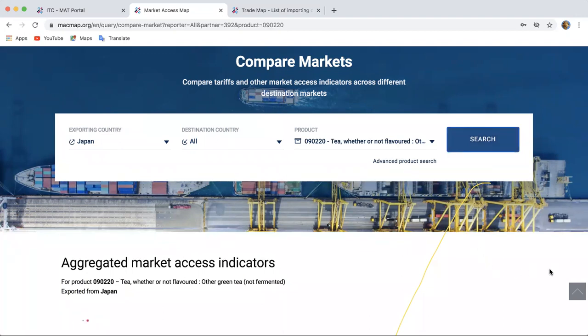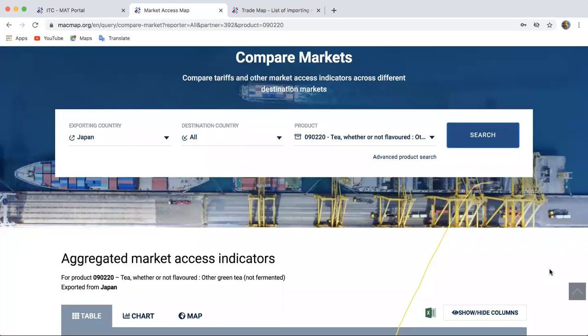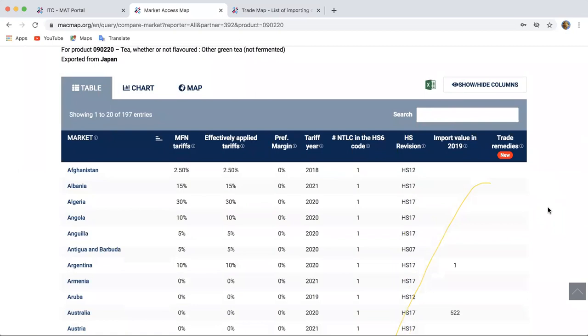And you'll see that it doesn't propose any national tariff lines, no more detailed codes, because we're comparing internationally. So we stay at the 6-digit level in this case. So all the tariffs you will see are average tariffs of all the underlying codes for this 6-digit code.